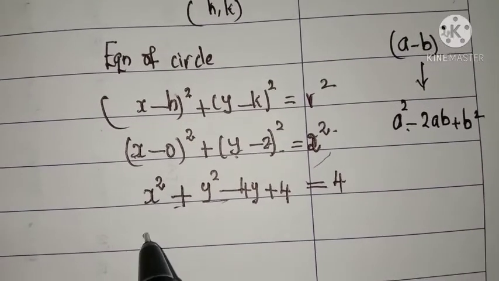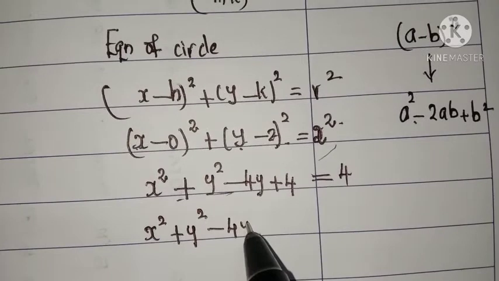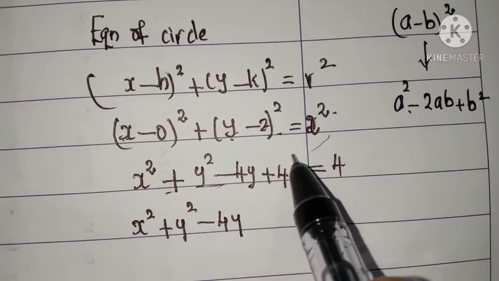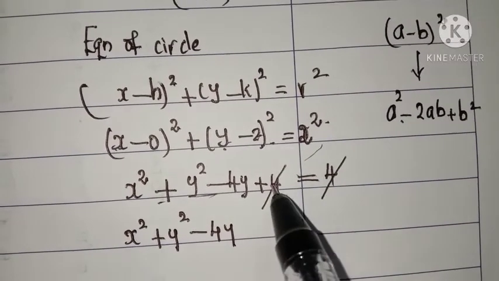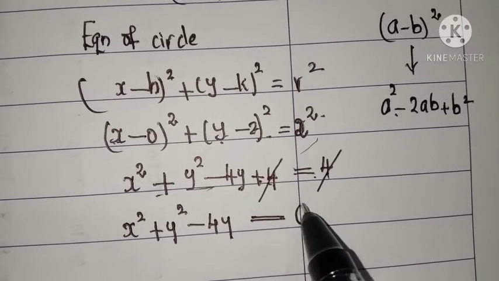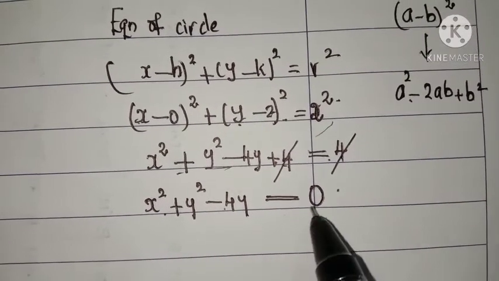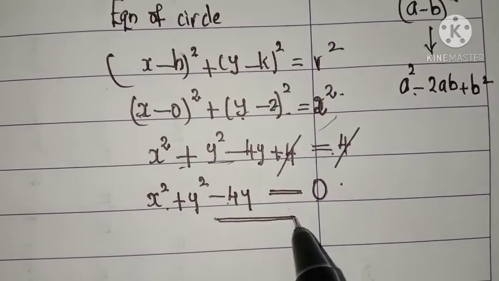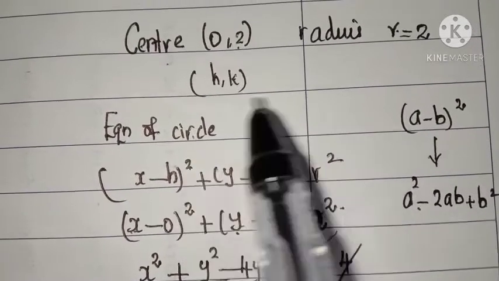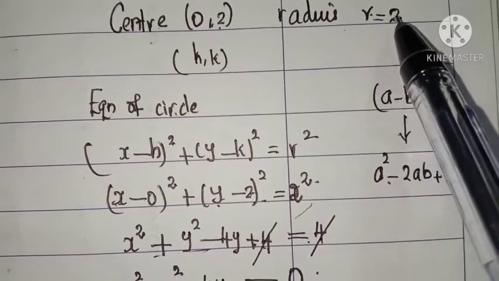So, this can be written as x square plus y square minus 4y plus 4 equals 4. Now, listen, this 4 and this 4, left side, right side, same terms can be cancelled. So, this is equal to 0. So, x square plus y square minus 4y equal to 0. This is the required equation of the circle whose center is (0, 2) and radius is 2.